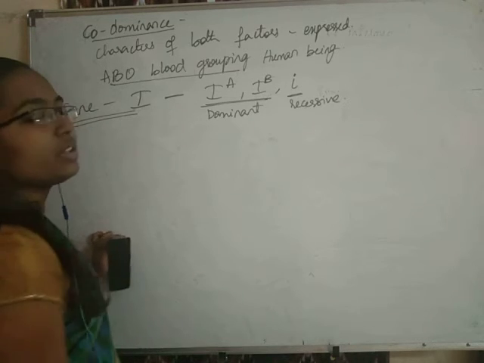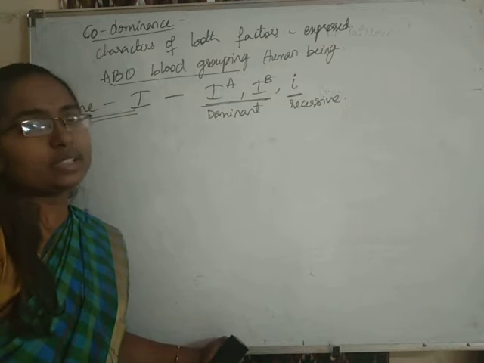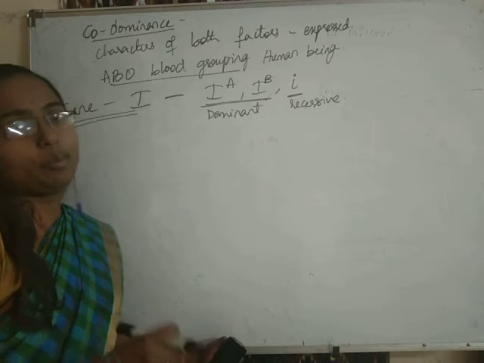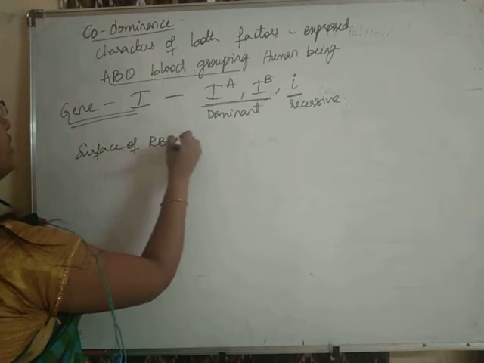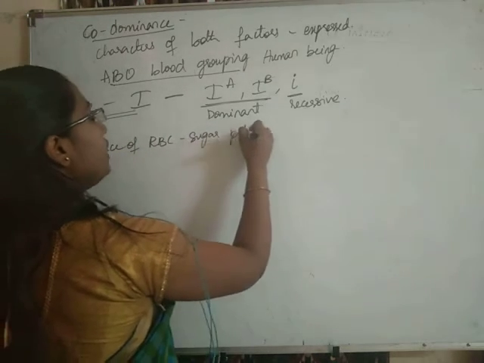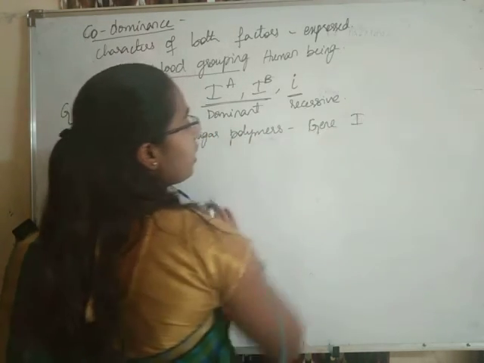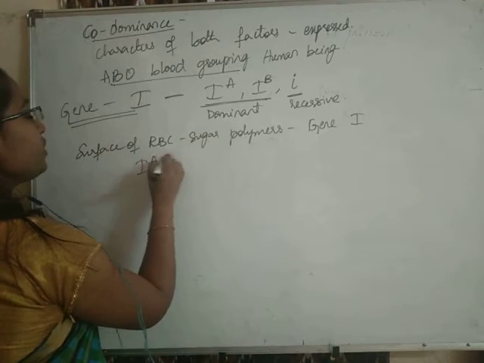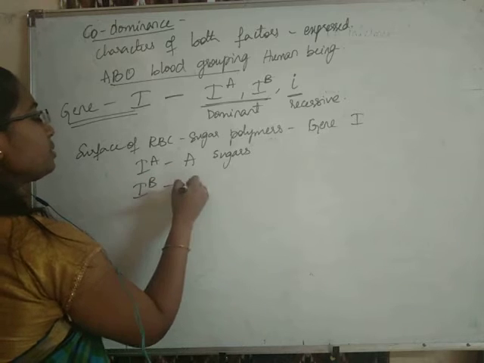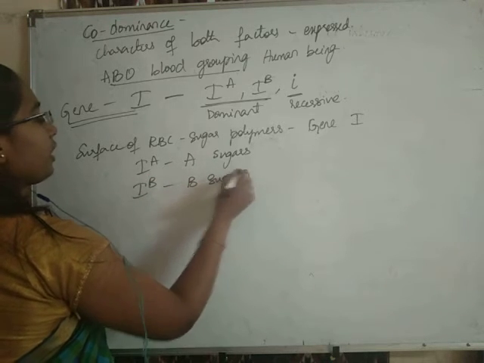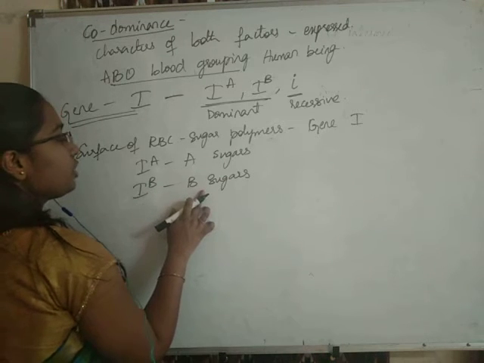So, generally students, on the surface of red blood cells in human beings there will be sugar polymers, which are produced by the gene I. A genes produce A type of sugars and B genes produce B type of sugars.